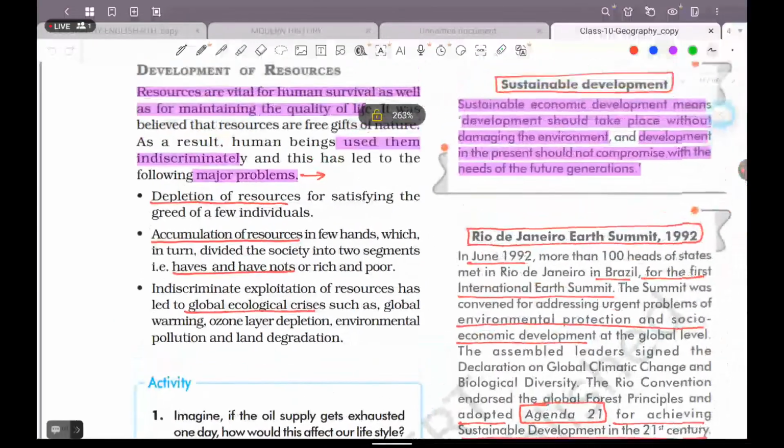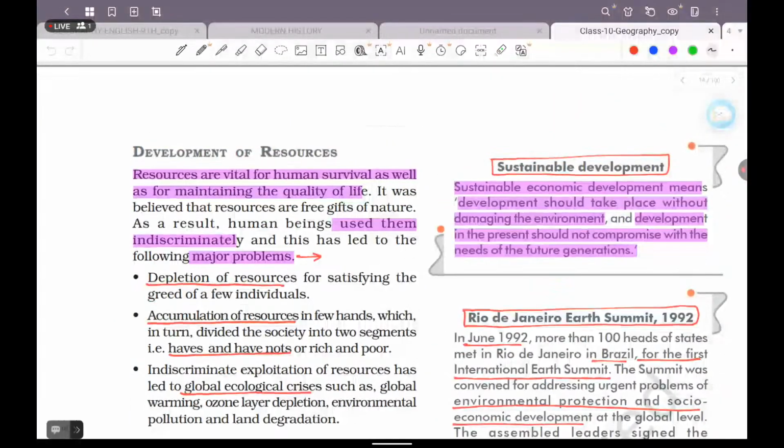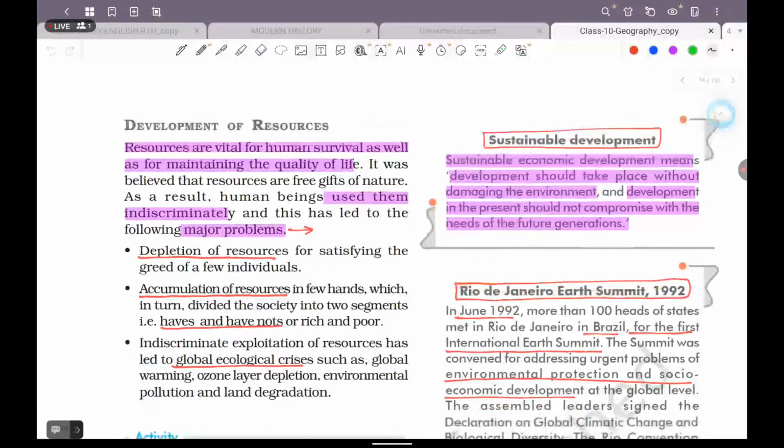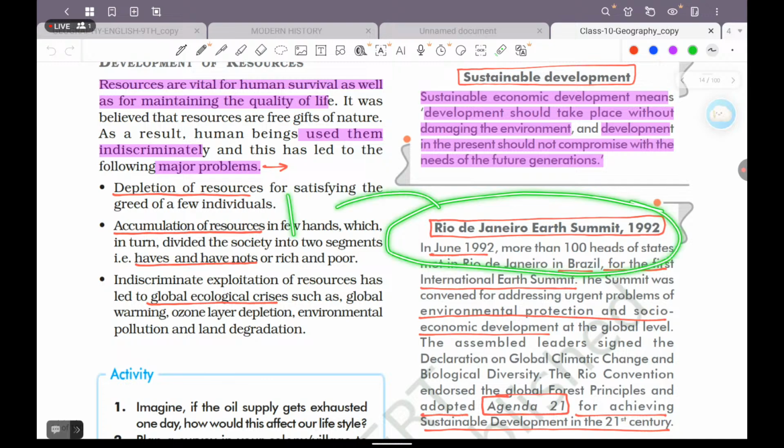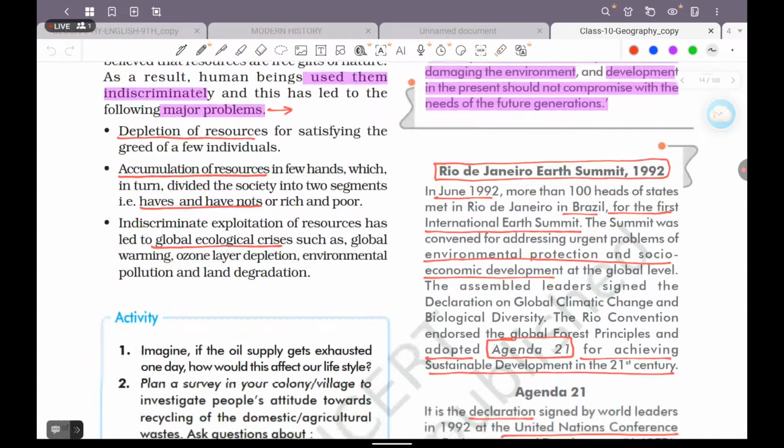So for maintaining the resources, there was a summit that happened in 1992 in Brazil, and the name of this summit is the Rio de Janeiro Summit of 1992.